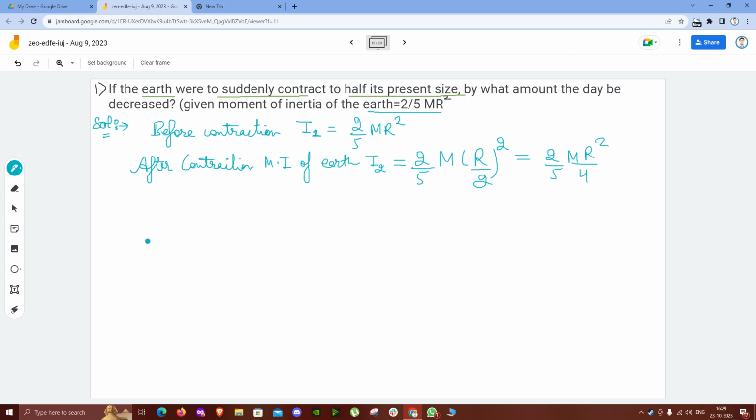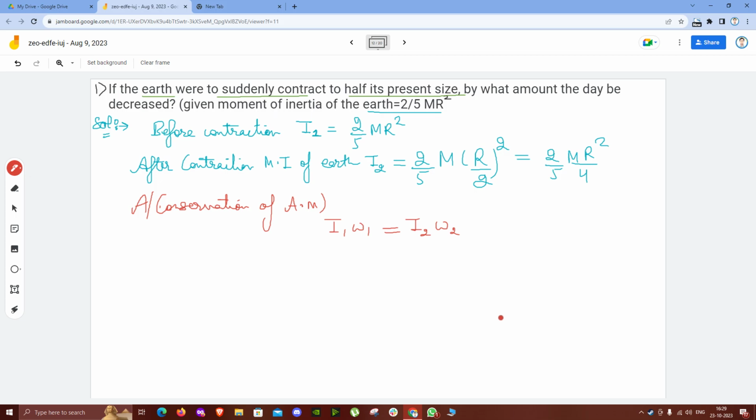Now, how can we apply the conservation of angular momentum? In this question, there is nothing given that there is an external force working there, so you can definitely apply the conservation of angular momentum. That means whatever the angular momentum was before, it's going to be the same. According to conservation of angular momentum, I1 omega 1 should be equal to I2 omega 2.